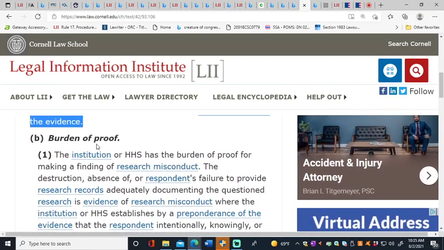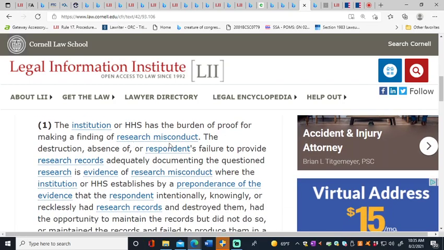Burdens of proof: the institution or HHS has the burden of proof for making a finding of research misconduct.